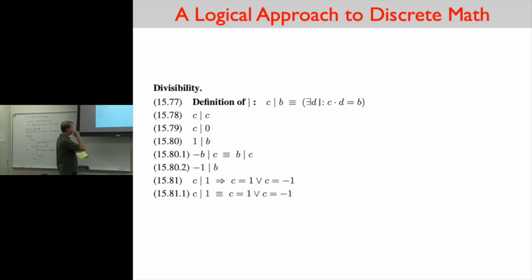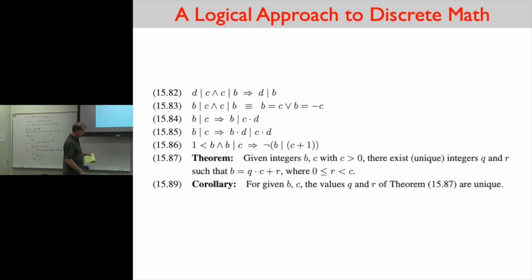And 15.81.1 is C divides 1 equivales C equals 1 or C equals negative 1. So not only does it imply it, it equivales it. And now 15.82 is the other one we're going to prove: D divides C and C divides B implies D divides B.